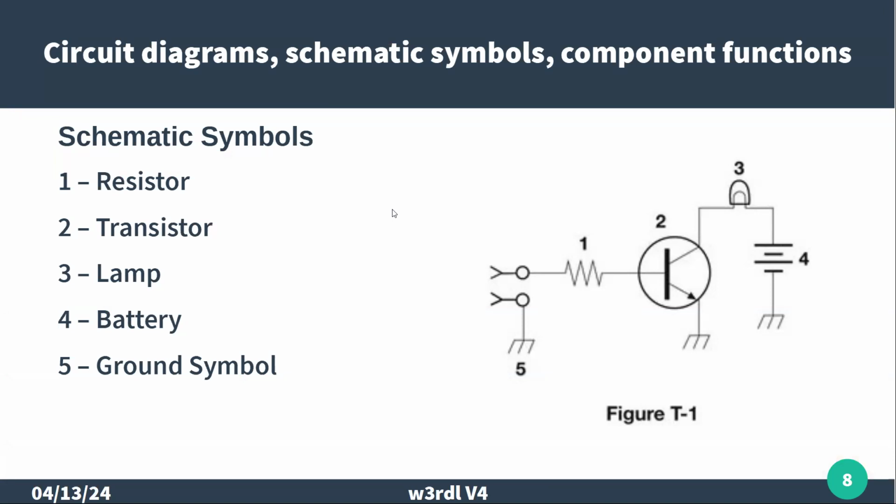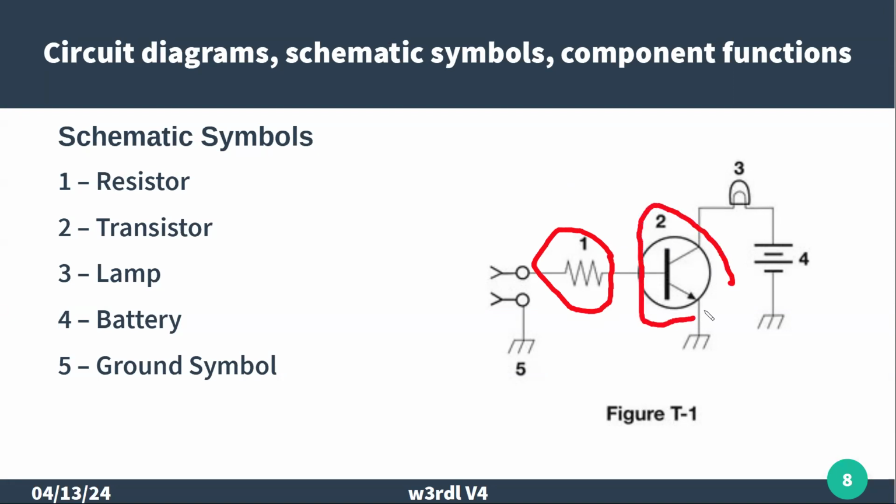Okay, we'll talk about symbols. This is one of the FCC diagrams. Component number one is a resistor, which we've talked about, and that's the symbol with the squiggly line. Two is our transistor.